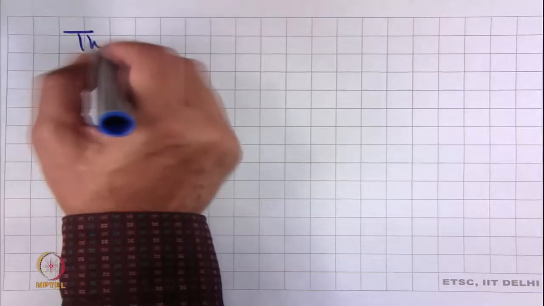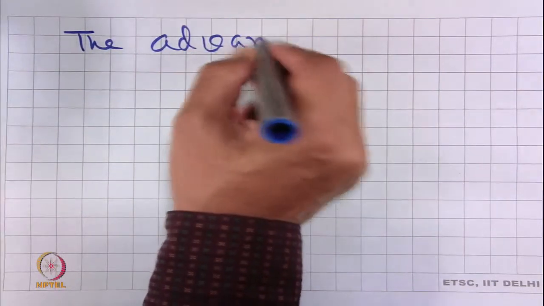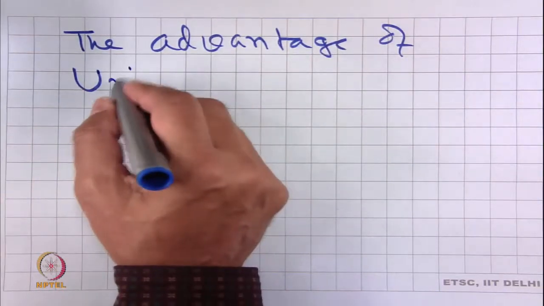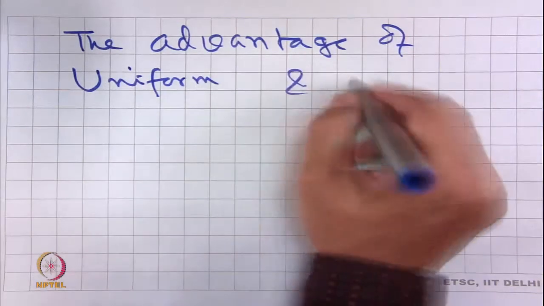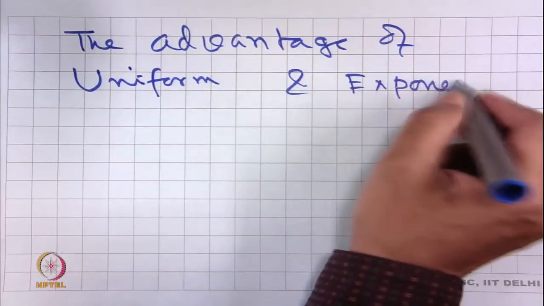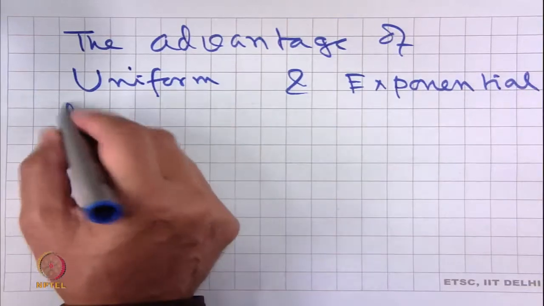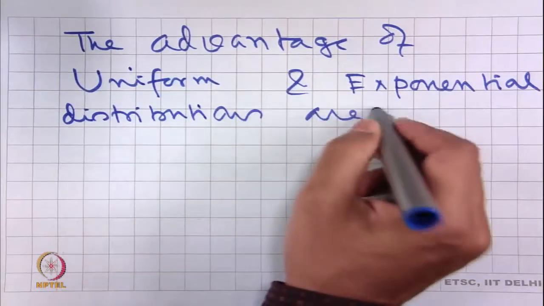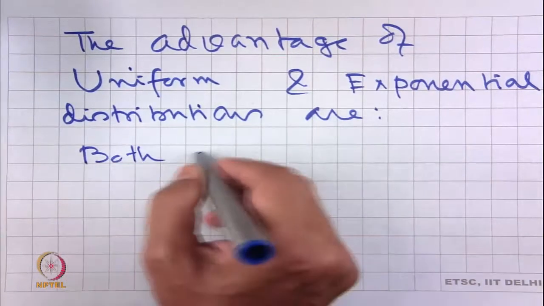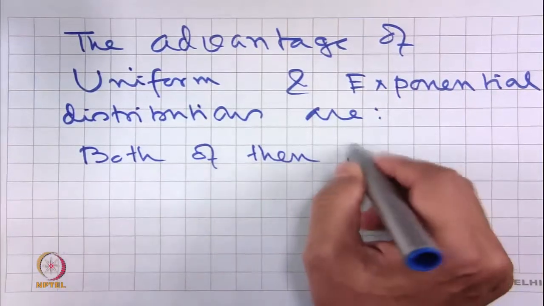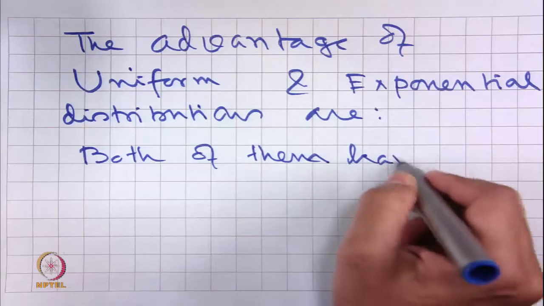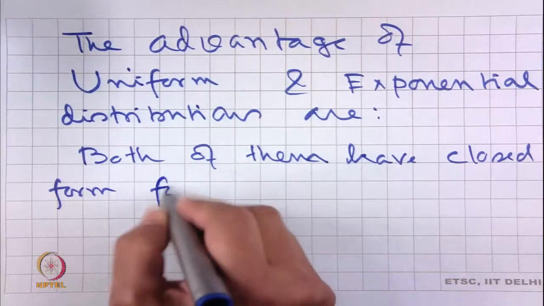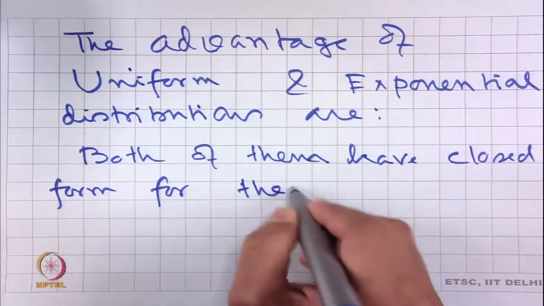The advantage of uniform and exponential distributions is that both of them have closed form for their CDF.